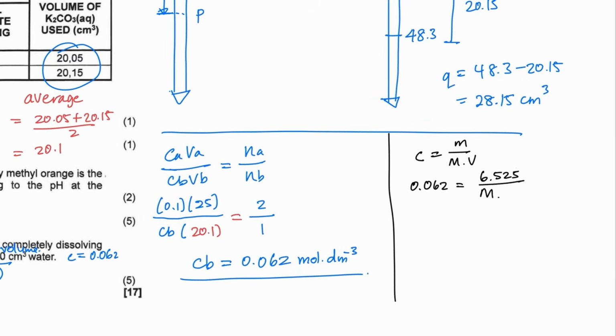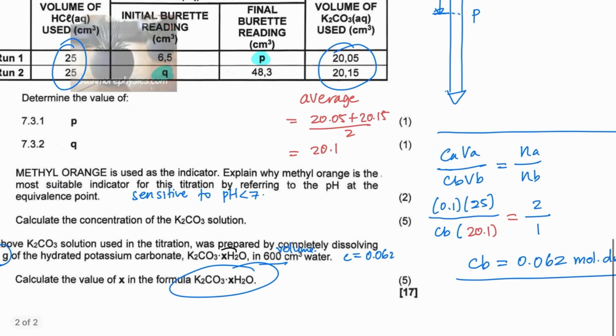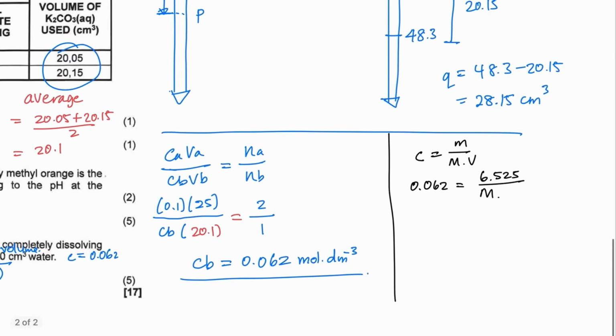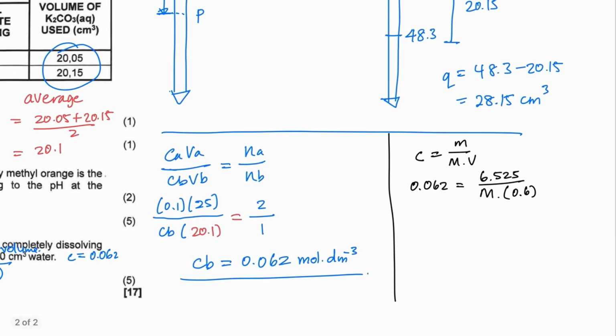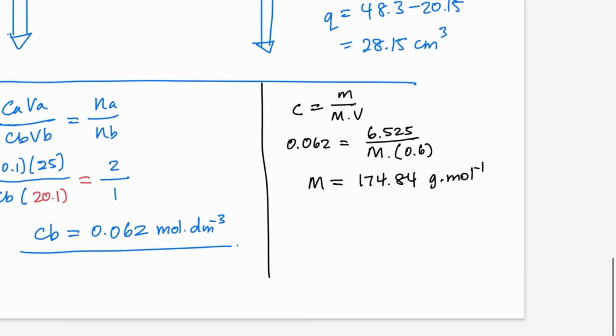We don't know the molar mass because remember the molar mass includes the water. We don't know the number of waters. And the volume was made in 0.6 dm cubed of liquid. So we can solve for M, the molar mass. So the molar mass is equal to 174.84 grams per mole.